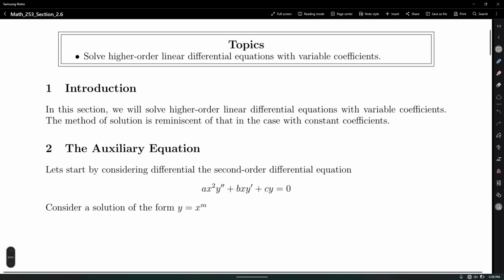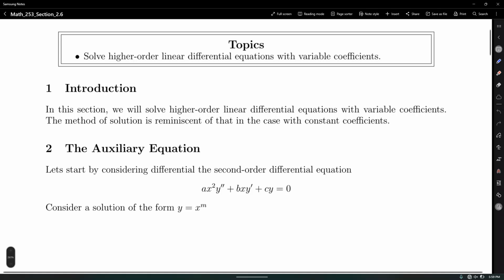All right. In this case, we're going to consider a solution of the form y equals x to the m, not e to the mx like we did initially with the constant coefficients.